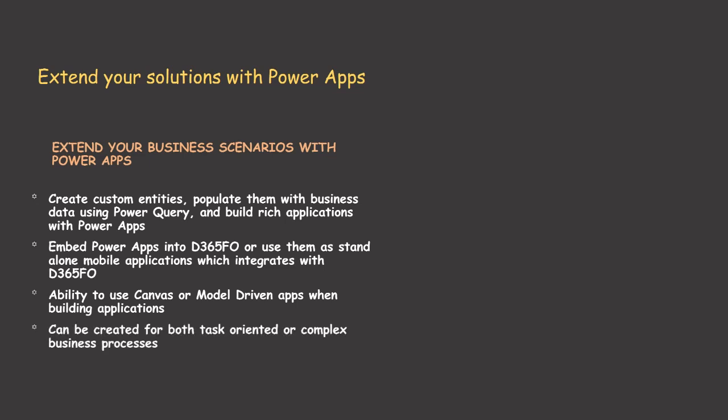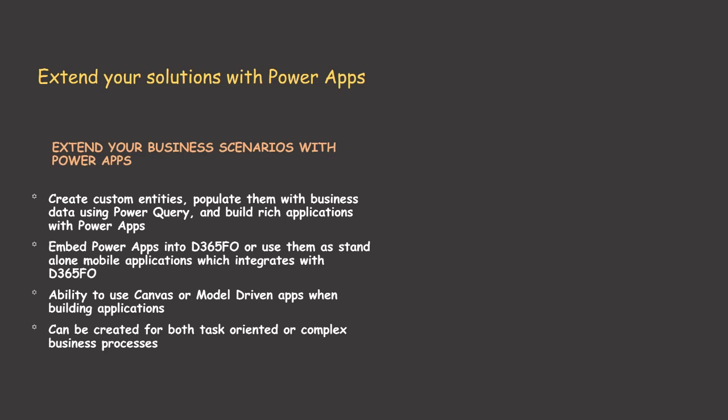The best part is you can embed the Power Apps into D365 F&O, and that comes out of the box. Not unlike BC, where as far as I know you can't embed Power Apps unless you do customization, whereas with F&O it comes with the product, so you can embed them inside.